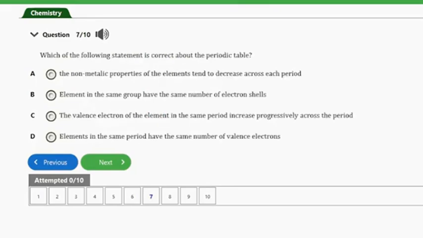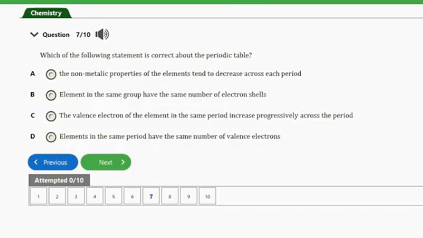Let's consider the next question, question number 7. It says, which of the following statements is correct about the periodic table? A, the non-metallic properties of the elements tend to decrease across each period. B, elements in the same group have the same number of electron shells.